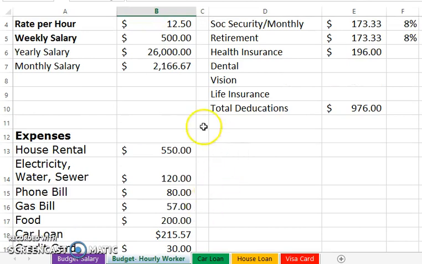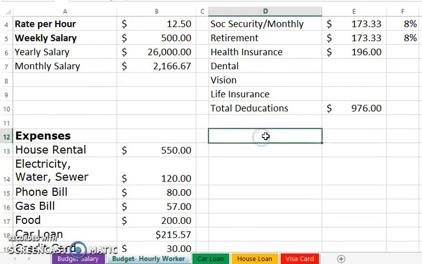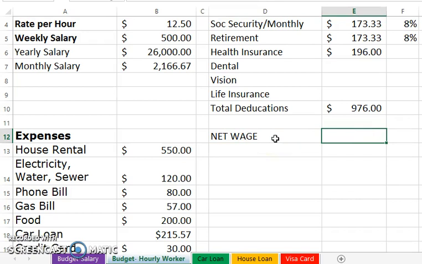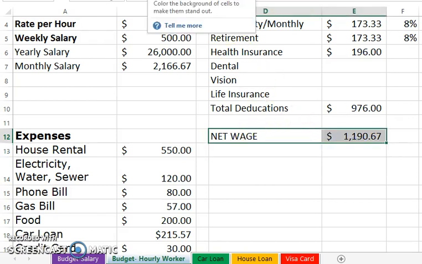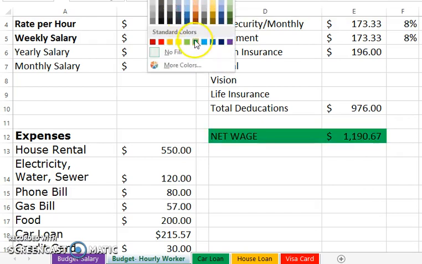So what does a person have after his deductions? So we're going to put the net wage here. Your net wage is going to equal your monthly salary minus your monthly deduction. So you basically have a net wage of $11.90, and I'm going to just shade that in with some pretty color.